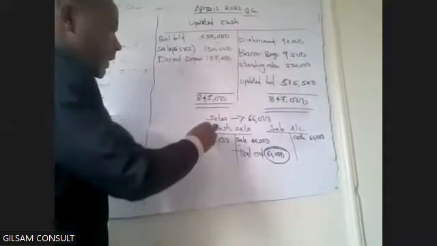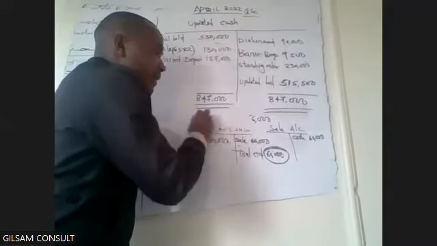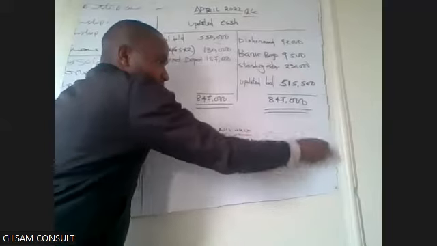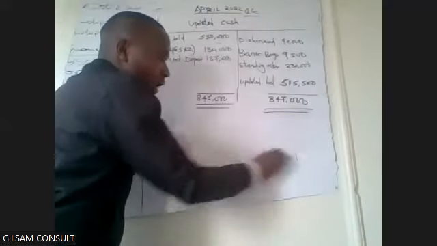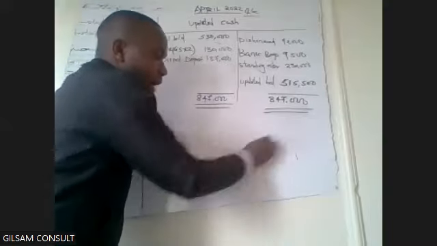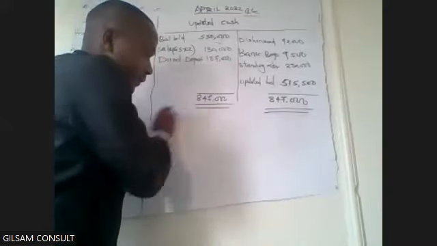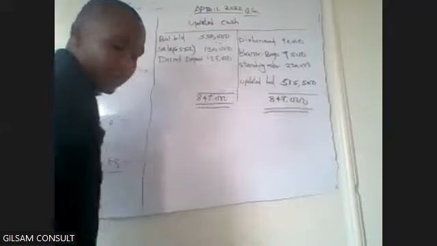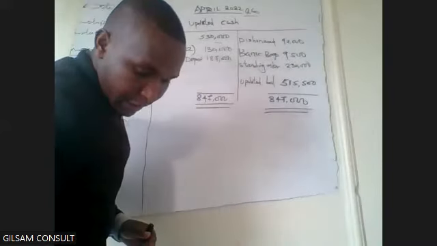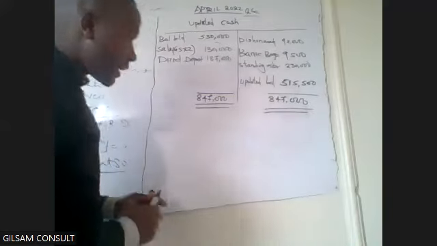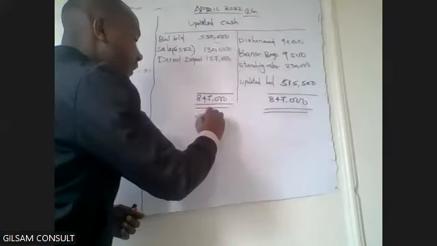So having done the updated cash book, now we can do our bank reconciliation. You will have the name of the company, but I will not write the name. What is more important is the bank reconciliation.